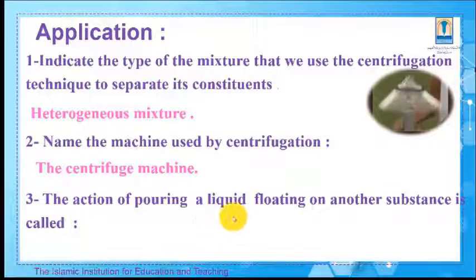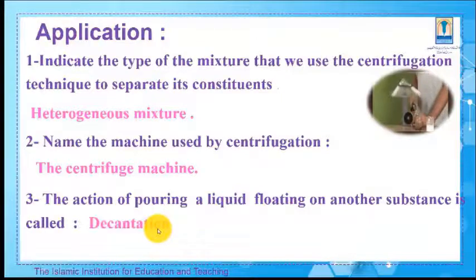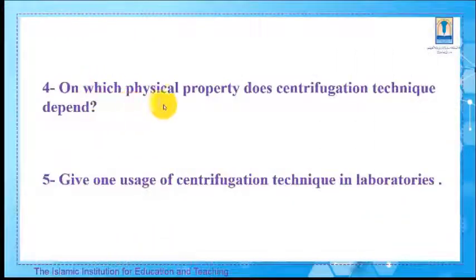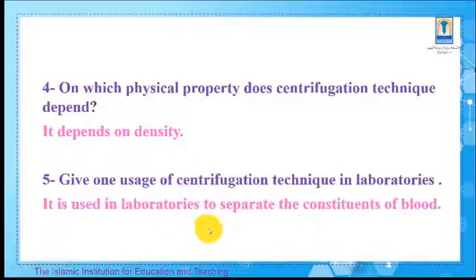The action of pouring a liquid floating on another substance is called decantation. On which physical property does the centrifugation technique depend? It depends on density. Give one usage of centrifugation technique in laboratories. It is used in laboratories to separate the constituents of the blood.